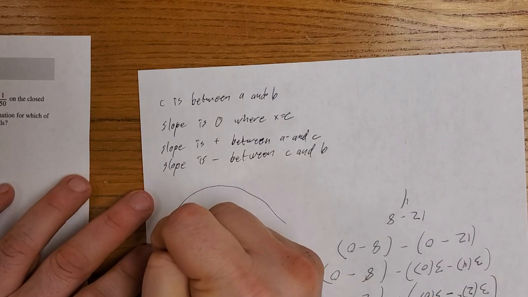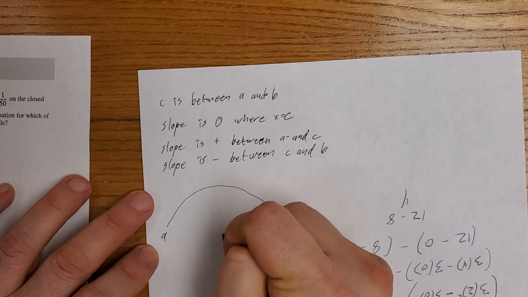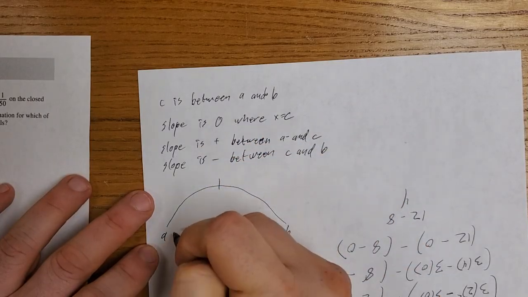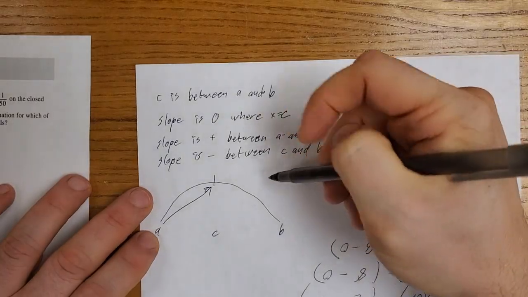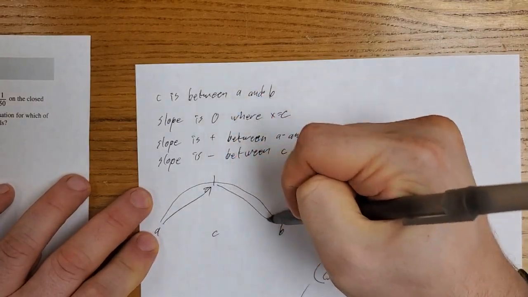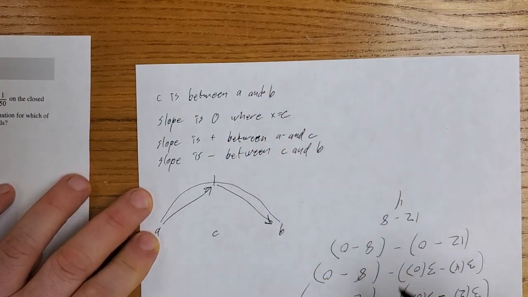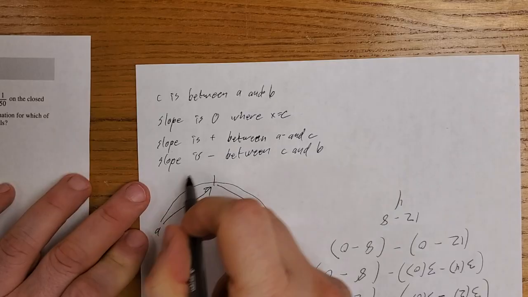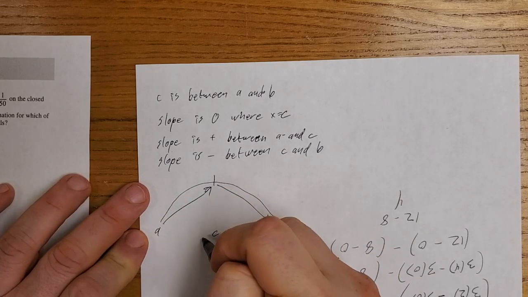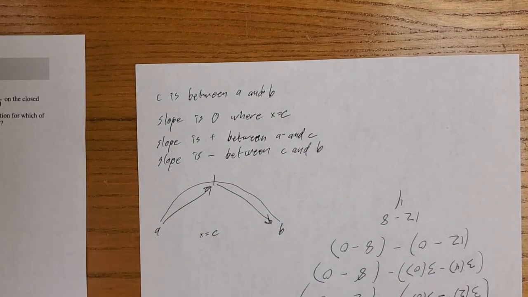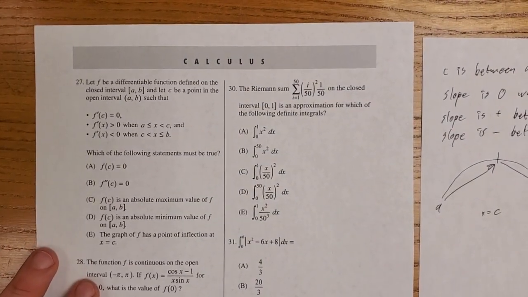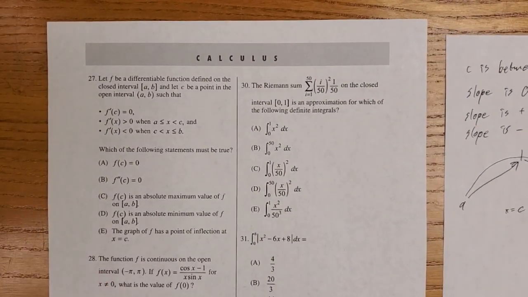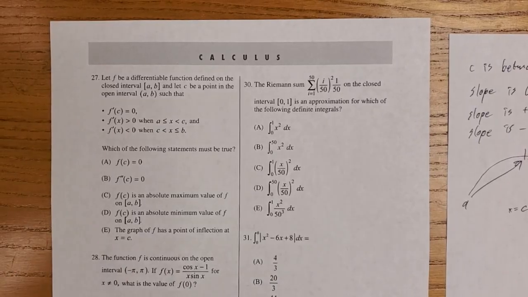what it's telling us, here's A, here's B, here's C. The slope between A and C is positive, it is increasing, and the slope between C and B is negative, it is decreasing. So we know that we have a maxima where x equals C. So, which of these statements must be true?